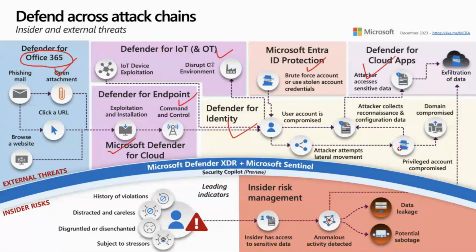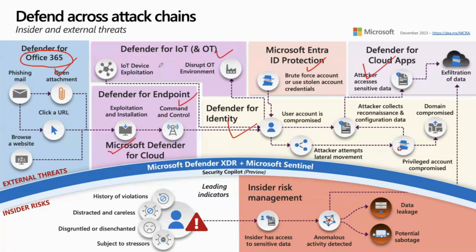Now, these were the functionality or the services we have for protecting our environment from external threats, from attackers who are outside your organization boundary. But do you know organizations have threats from their insiders also?